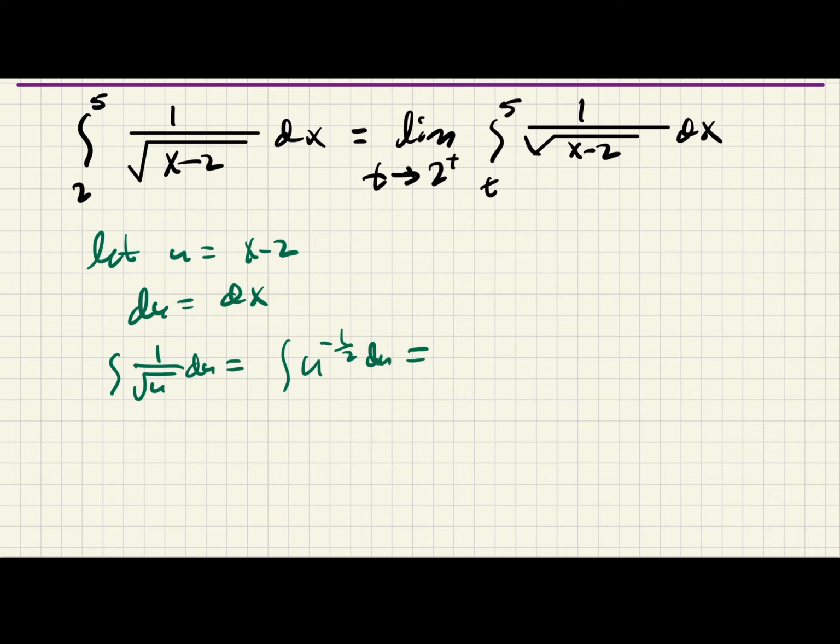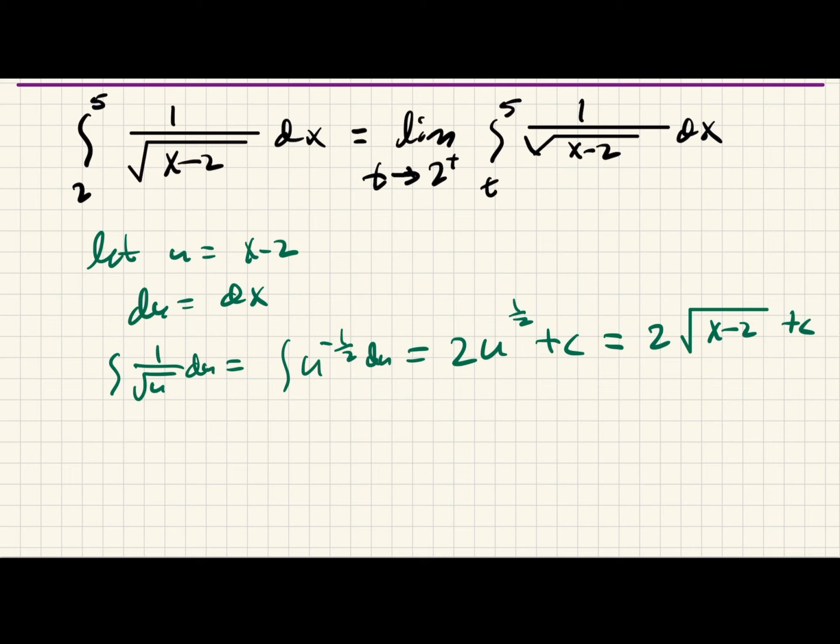Now let's see, if I add 1 to minus 1/2, I get 1/2, flip it over and multiply, right? So I have 2u to the positive 1/2 plus c, right? But u is x minus 2, so I have 2 square root x minus 2 plus c. But we are evaluating this integral.